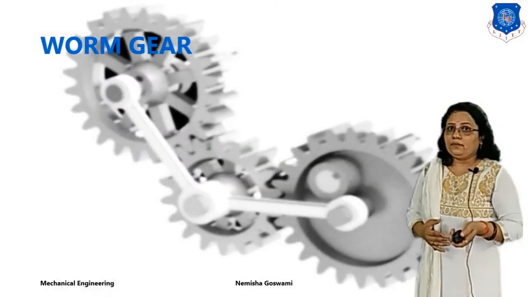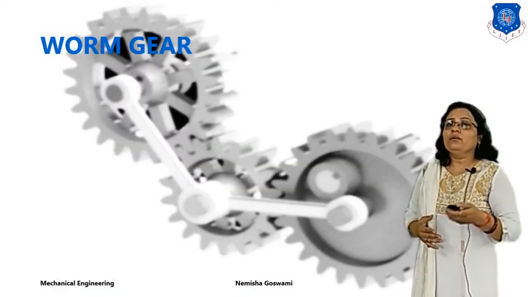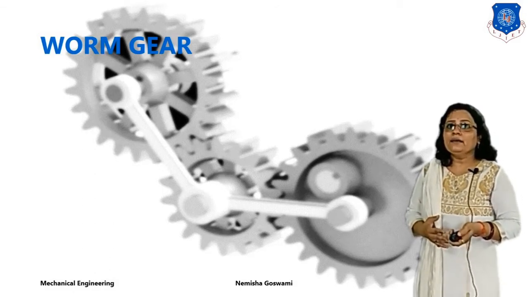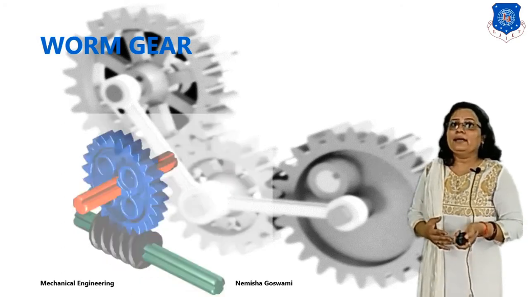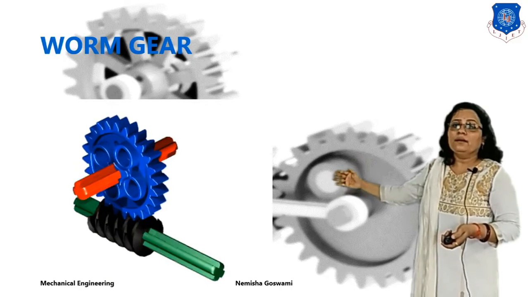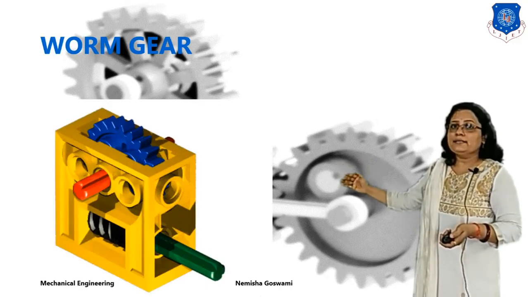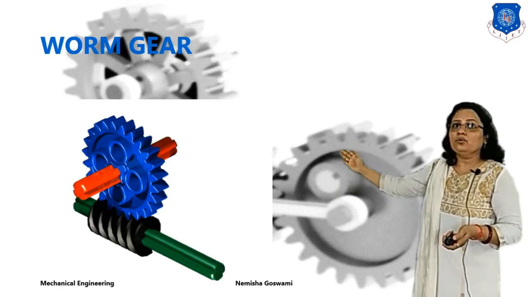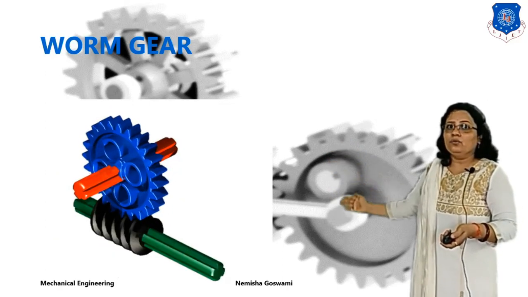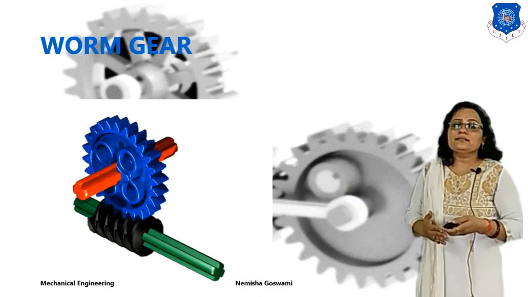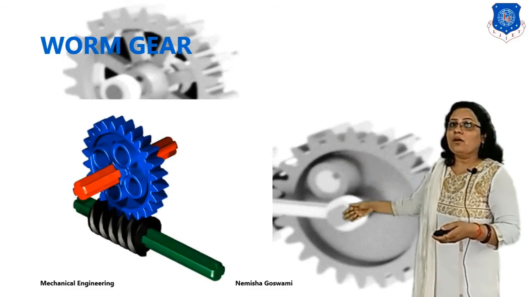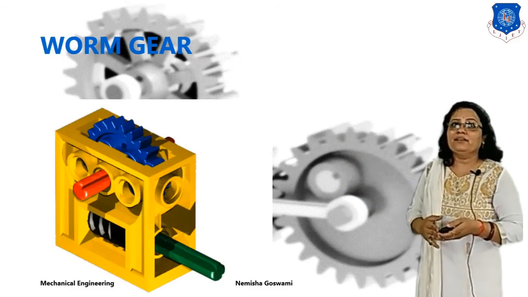Now next classification is your worm gear, right? A worm gear is a gear where one element is having the screw like threads and another one having the tooth-head gearing. So these are the two elements. This is the special classification where you can see here, shaft axis is not parallel and not intersecting with each other, right?